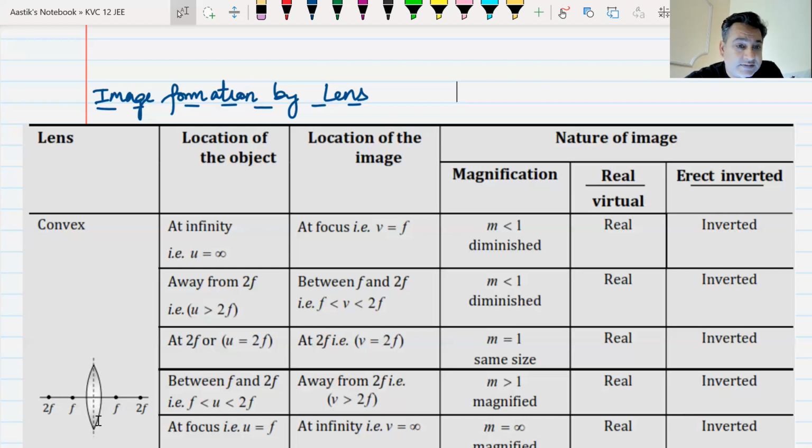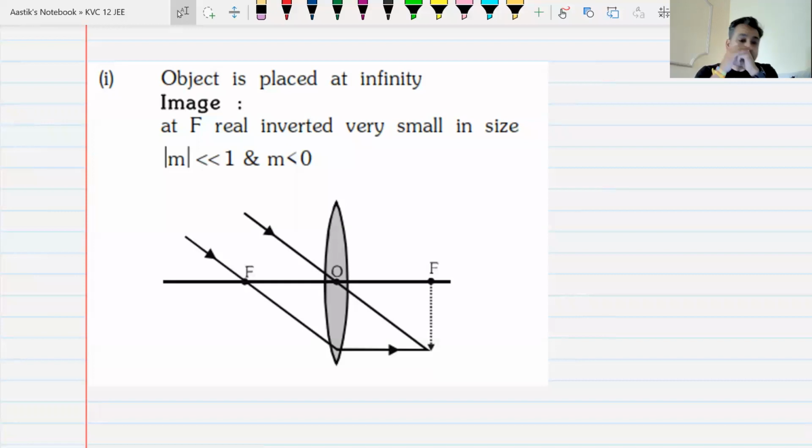So this is the ray diagram. If it helps your cause, see it. Draw it. Object is at infinity. The image is formed at the focus.